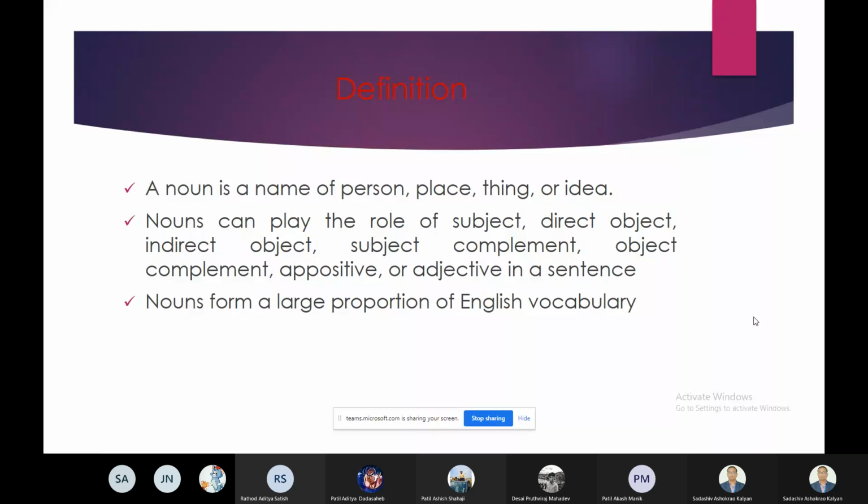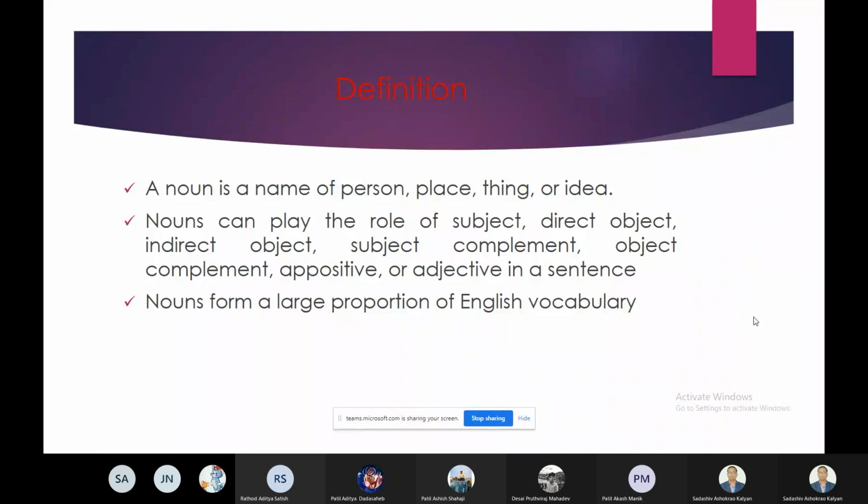These ideas and thoughts are also considered nouns. So whenever we read any paragraph, the noun works on various levels. Nouns have various functions in sentences. We find how the noun works as the subject, a direct object, indirect object, subject complement, object complement, appositive or an adjective in a sentence.